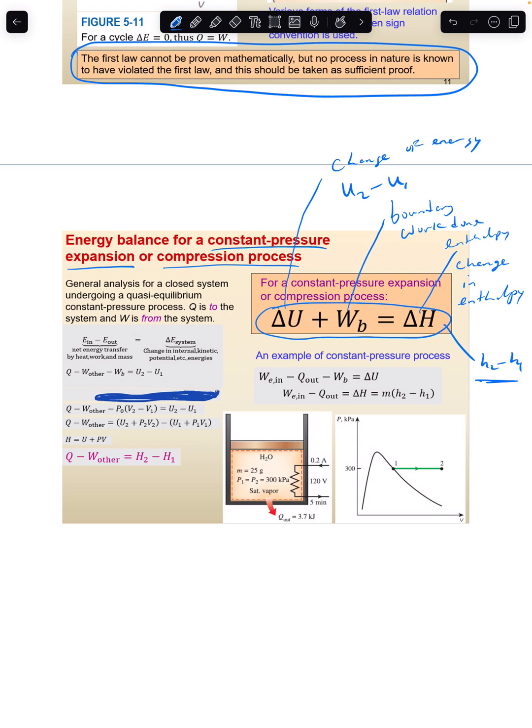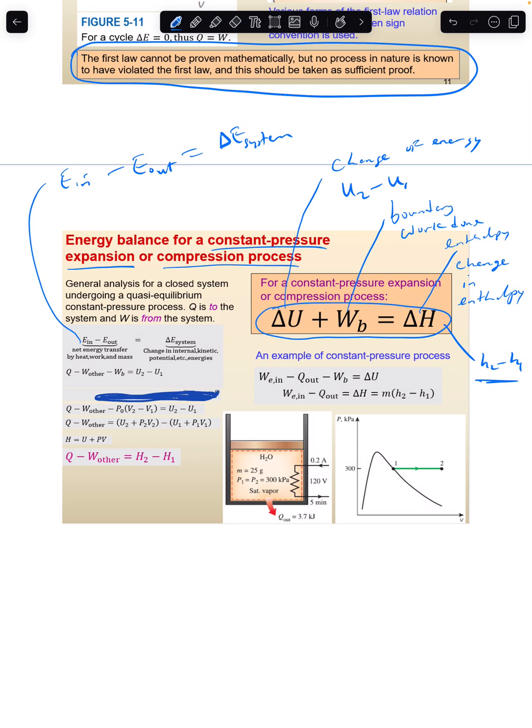So now, to begin with, you have to start from this expression, which is the change of energy for a system: energy in minus energy out equal to the change of energy for the system.